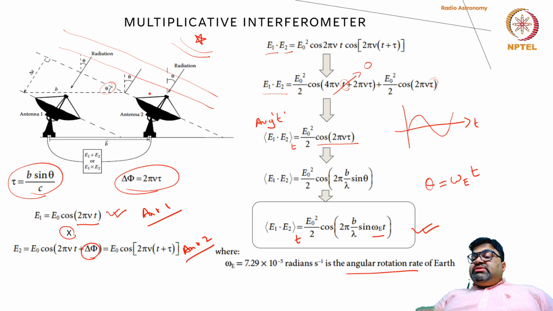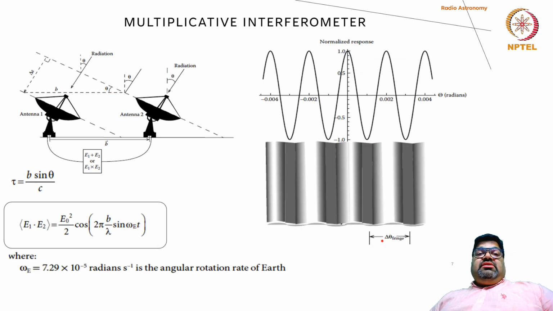And so if we want to sample the same wavefront, you have to put a delay compensation on one of the antennas. And that gives rise to this beautiful function E1 dot E2, because we are multiplying in an interferometer, and it gives rise to the fringe function given by this rate, which is proportional to the rate of the Earth's rotation.